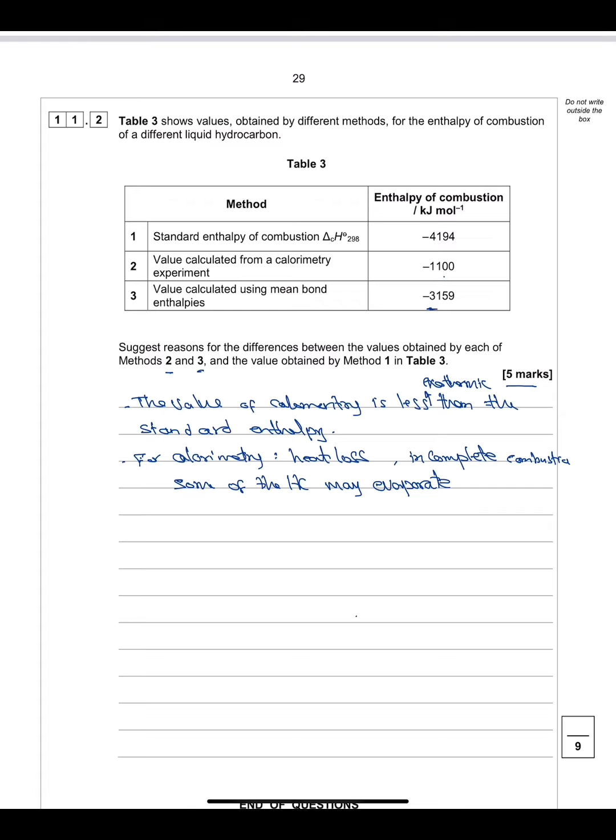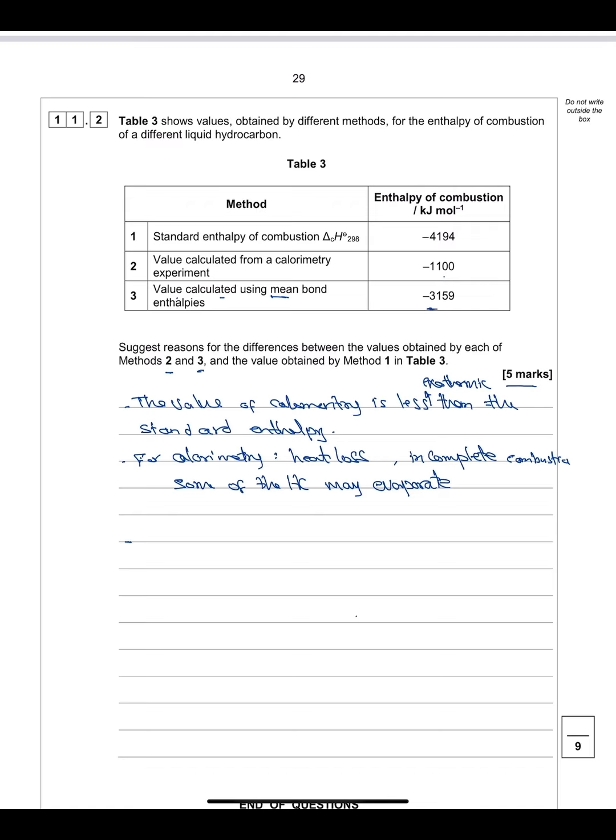And then, so far we have mentioned four different things, and now we need at least one more thing. So let's comment on the value calculated using the mean bond enthalpies. The mean bond enthalpy values use enthalpies taken across a range of compounds, as we know. It's not the actual bond enthalpies for that specific compound.